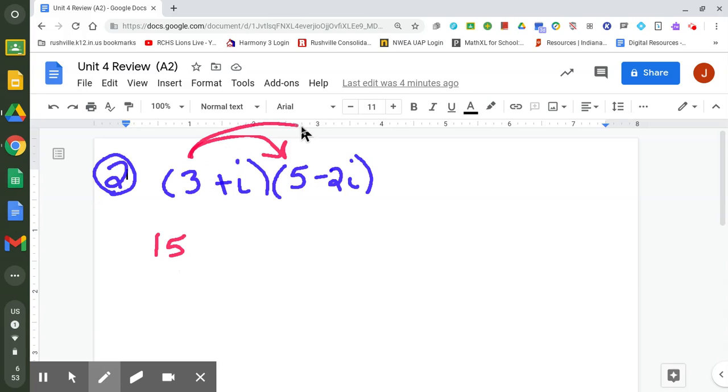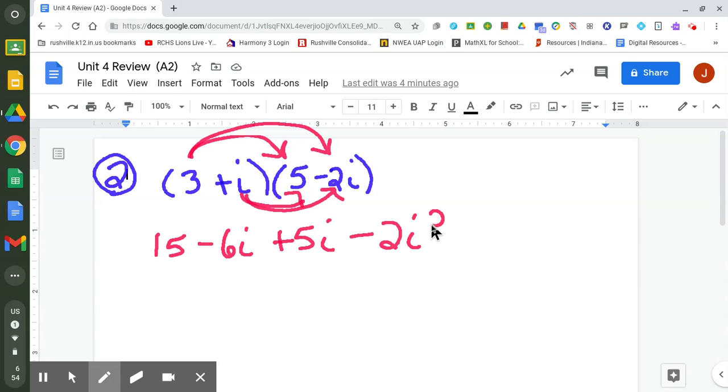Then 3 times negative 2i gives me negative 6i. i times 5 gives me plus 5i. And then i times negative 2i is negative 2i squared. That is not simplified, so I have to simplify it.